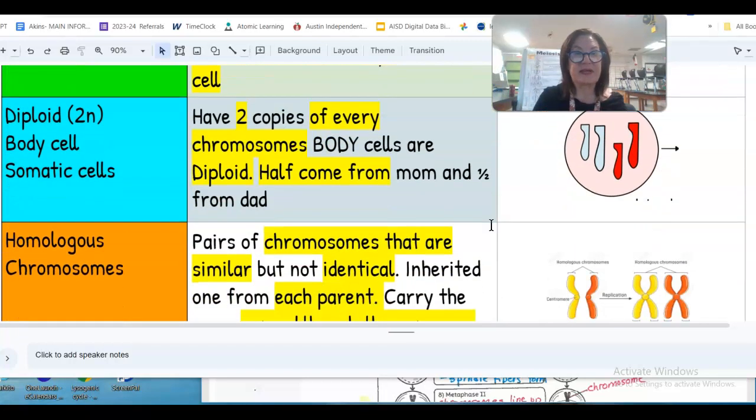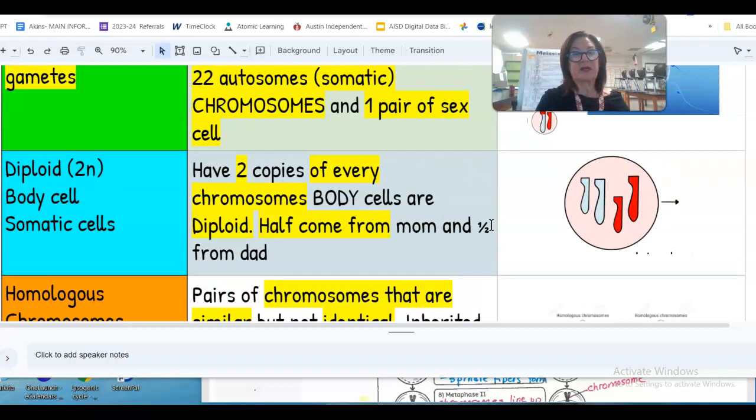So next we have the diploid cell, and again, this is 2N because it has twice as many chromosomes as it did in the haploid cell. So these are basically body cells, which are also called somatic cells. And you have 2 copies of chromosomes, like you see here in this diagram of diploid cells.